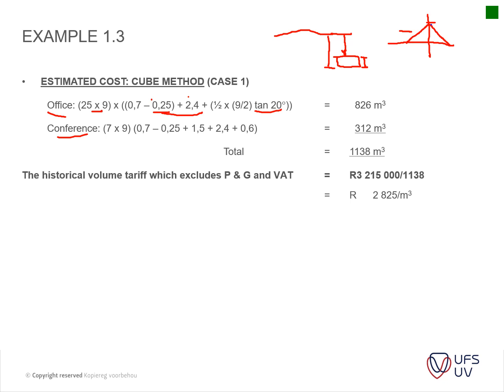You want to calculate your top height from there to there, and if you divide that by 2, you will get this little section that you need to add to your height. Hence the half that you calculate there. Okay, so you do your calculation. On the next slide this section is going to be explained nicely. And then you've got your conference hall, which is now a flat roof.